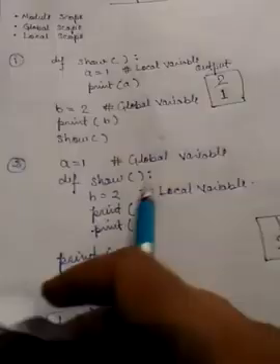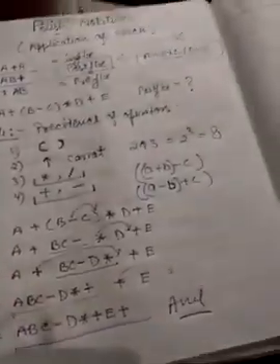Now, an important thing to understand over here. What happens if a local variable and a global variable are declared with the same name?